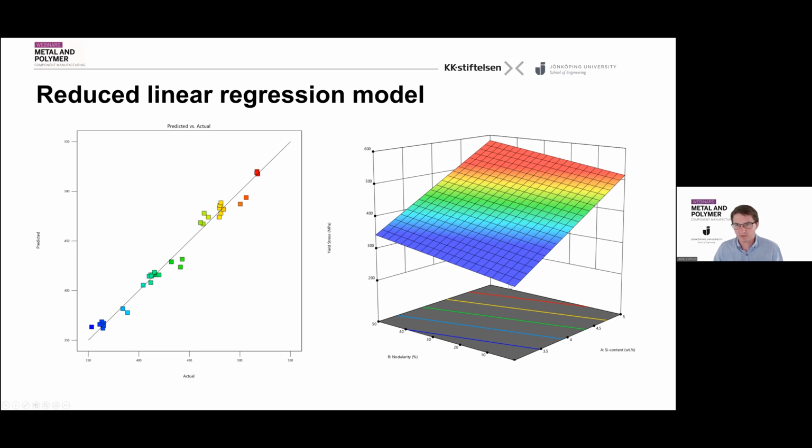And nodularity, well, we know that completely nodular ductile iron has a higher strength, so increasing the nodularity should increase the strength. But what we have done now is to really quantify this and see which variables are the most important ones, and how large their effects are.